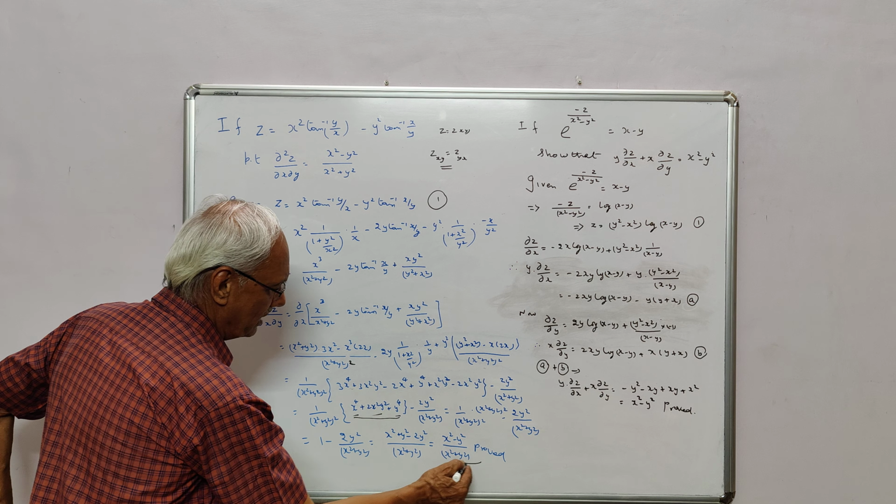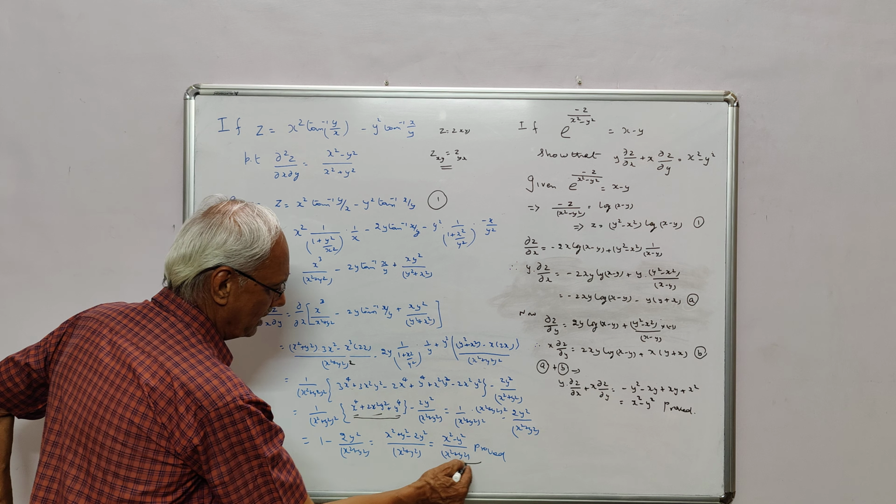See here, taking log on both sides, what will you get? Minus z divided by x square minus y square is equal to log of x minus y.